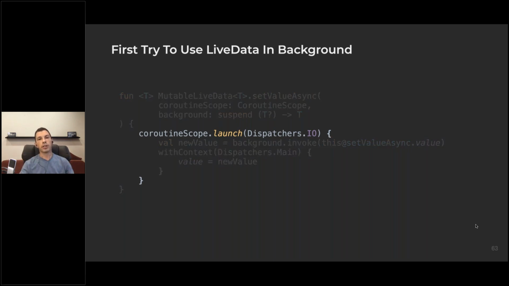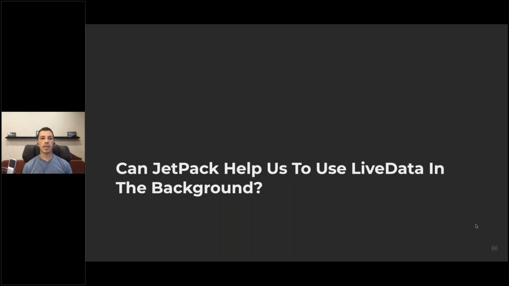We launch our coroutine with the IO dispatcher and do everything in the IO thread. Then we call the background suspend lambda with the value of the particular live data, then switch context to the main thread and set the value in the regular way. Okay, but maybe there is a better solution nowadays.